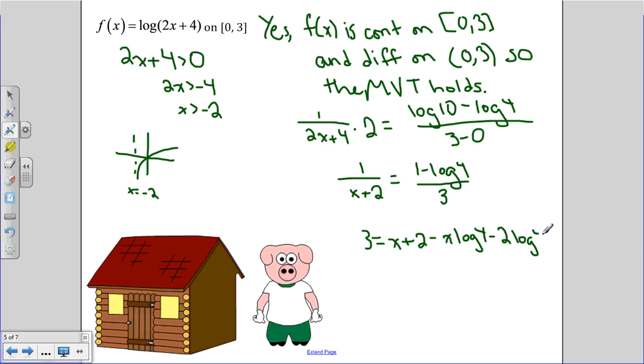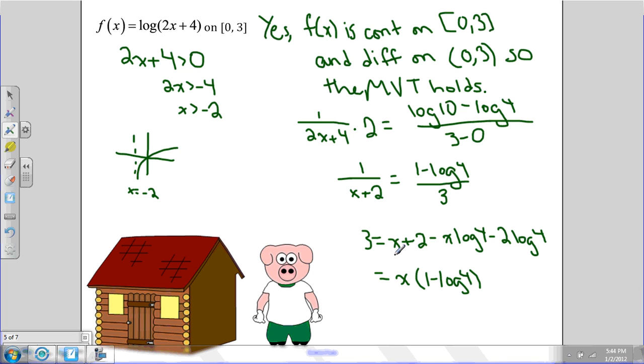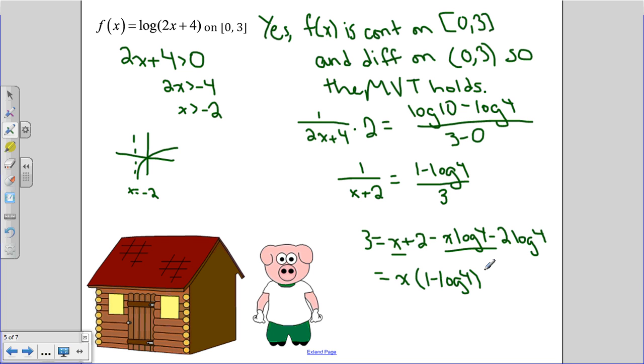And since I want to solve for x, then I factor it out. So with these two terms, right?